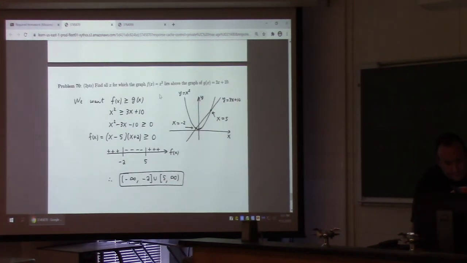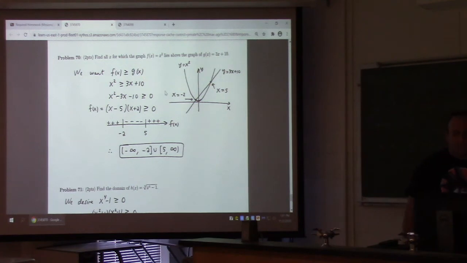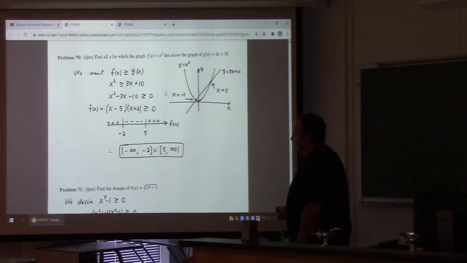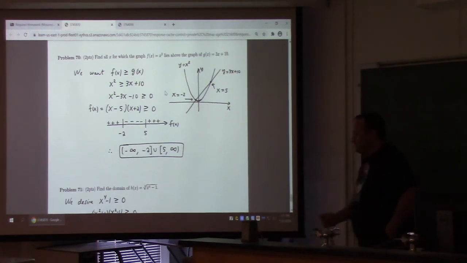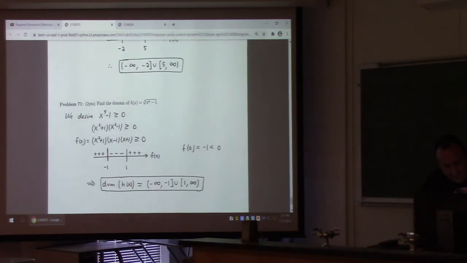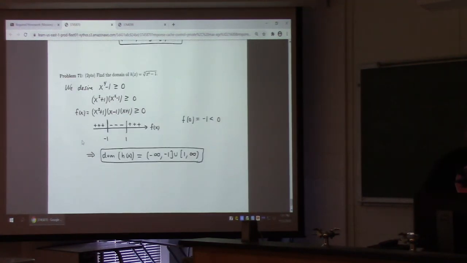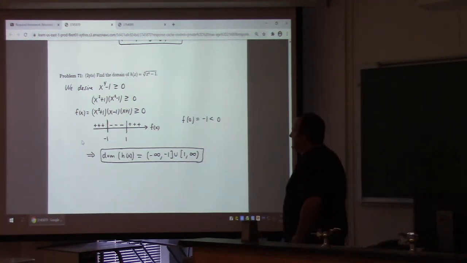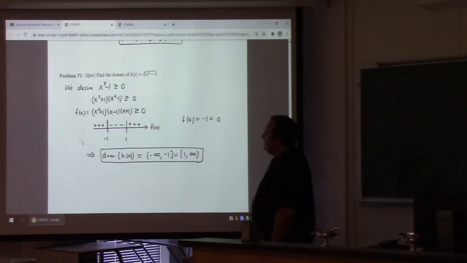And problem 70 is, I think, still a fair test question. The same is true for 71. A lot of you got 71 correct on the homework. Or something like 71.